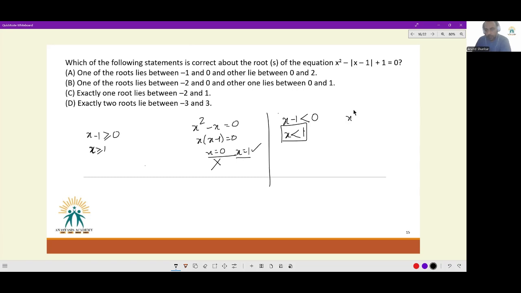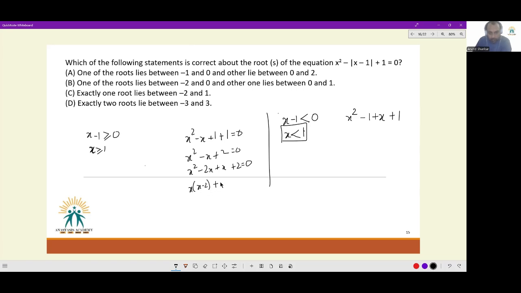It will be x square minus 1 plus x plus 1. I think I have made a terrible mistake here. When it comes out, this will not be the expression. Let me correct it. X square minus x plus 1 is equal to 0. So I'd get x square minus x plus 2 is equal to 0.